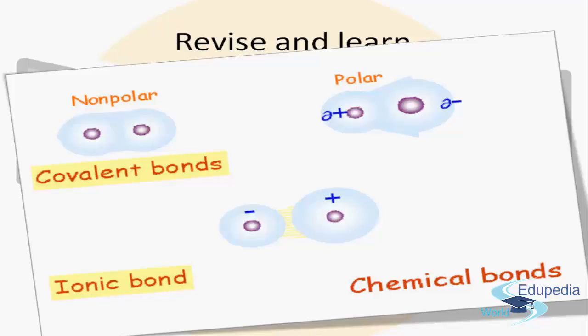A covalent bond in which there is an equal attraction of the shared electrons between two combined atoms is called a non-polar covalent bond. We can also say that a non-polar covalent bond is formed when two atoms having equal electronegativity combine. In other words, a non-polar covalent bond is formed between the same type of atom.